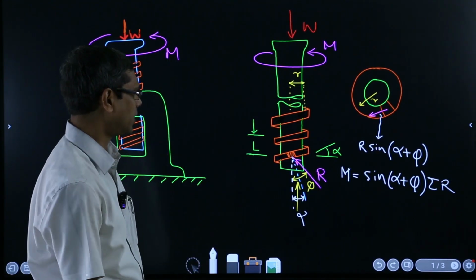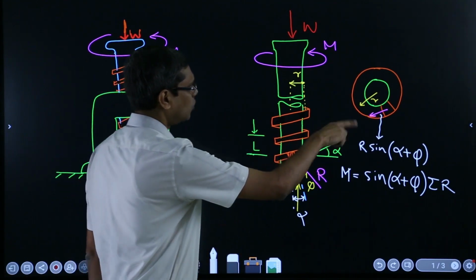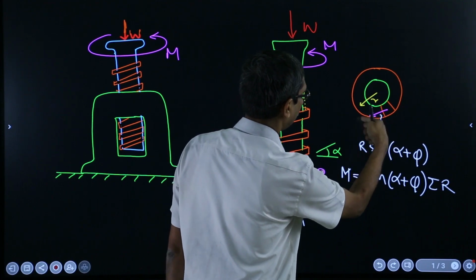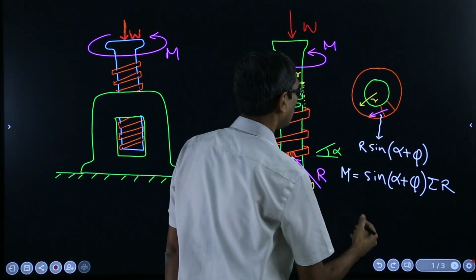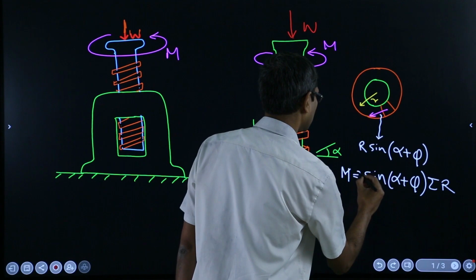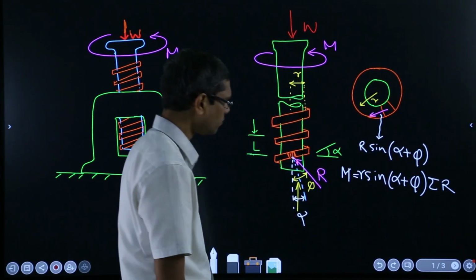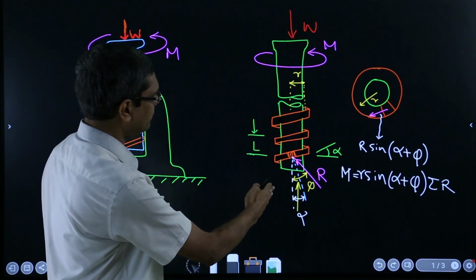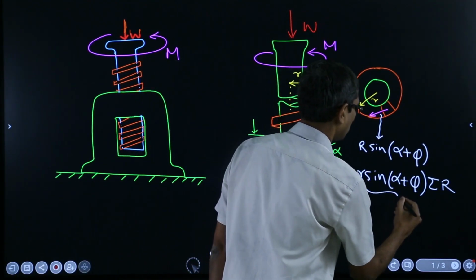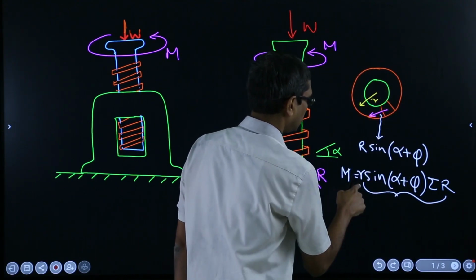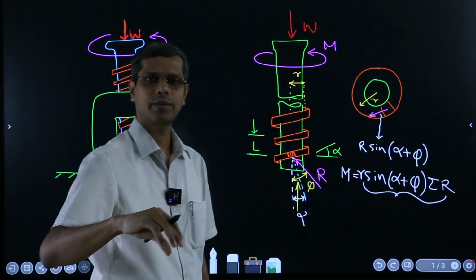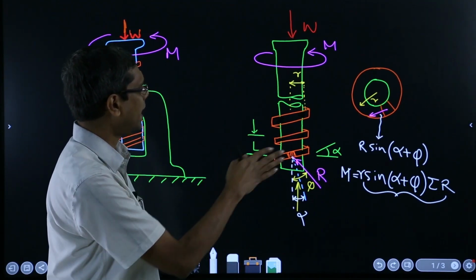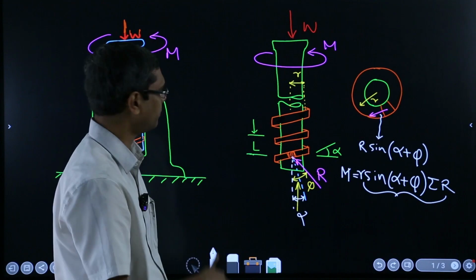Now that's one relation which relates the moment. I think I'm missing something, right? Because I'm taking the moment and this is just the force times the small r. So I will put a small r over here. So M is equal to, this is the force and this is the moment arm, small r times sine of alpha plus phi times summation of capital R, and that you sum up to get the total moment.